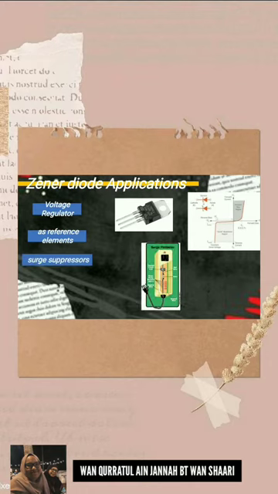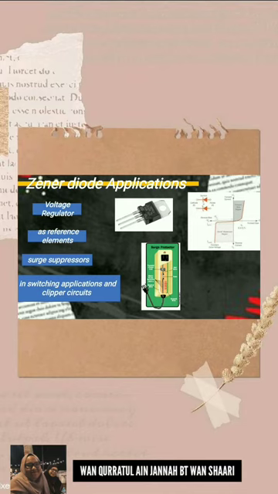Among the Zener diode applications, it can be used as a voltage regulator, as a reference element, a surge suppressor, and lastly in switching applications and clipper circuits.